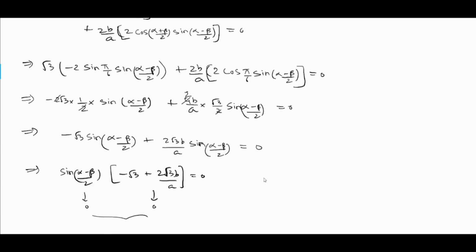If you can remember, we have the condition that alpha and beta are distinct real roots, so alpha is not equal to beta. And sine alpha minus beta by 2 will only become 0 in the case where alpha is equal to beta, which it is not, which means that the other factor is equal to 0.